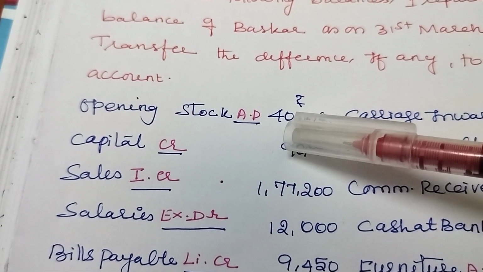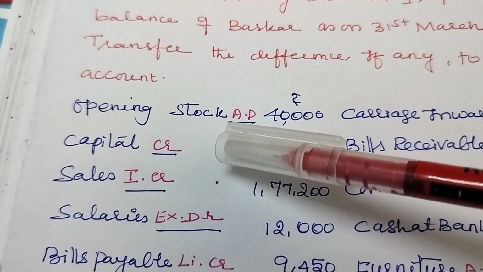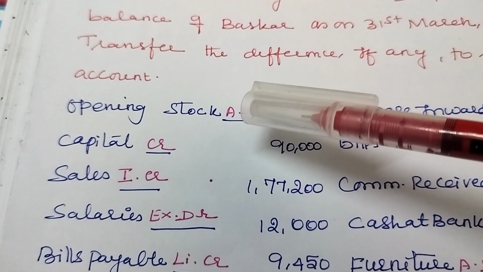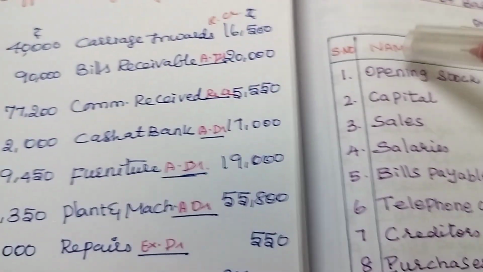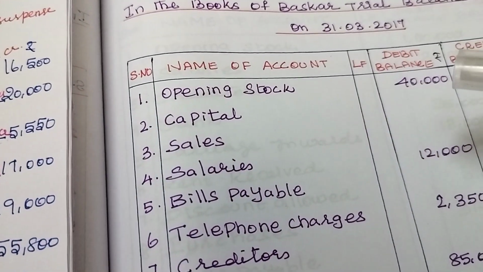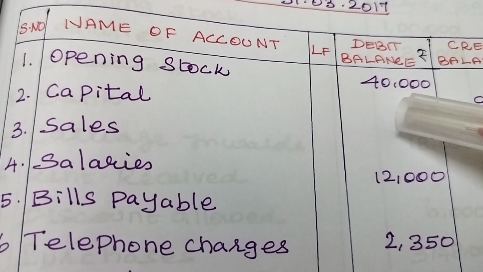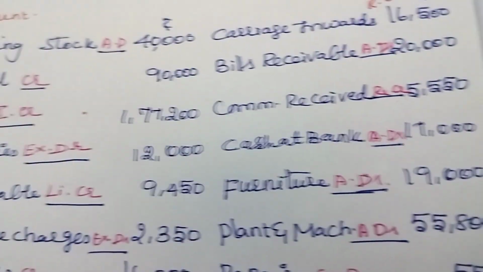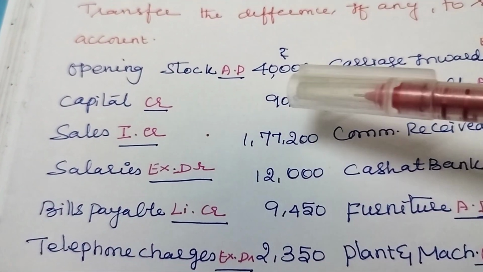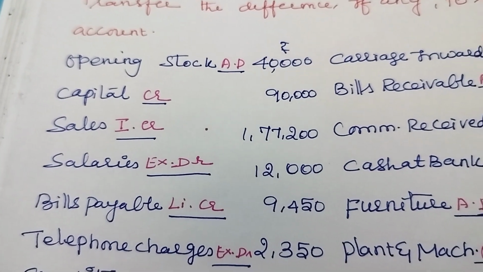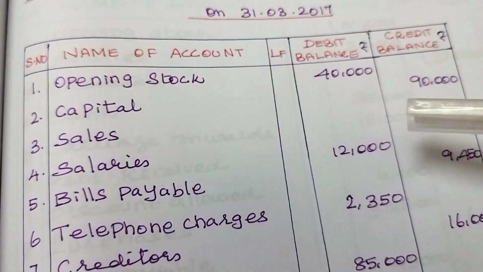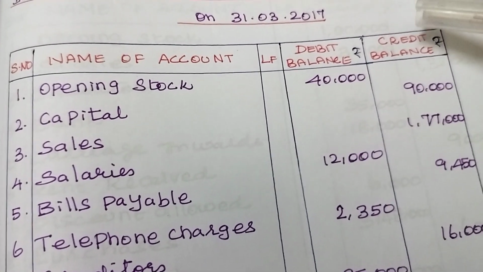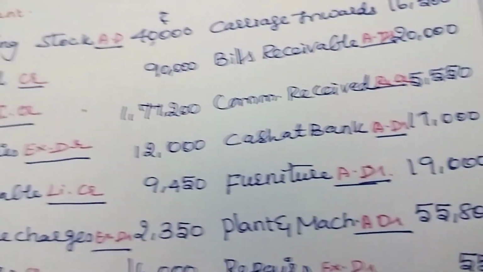Opening stock 40,000 rupees. Opening stock comes under asset account, so asset account will be debited. So opening stock 40,000 rupees is entered on debit balance. Then capital rupees 90,000. Capital is always credit balance. So capital 90,000 is entered on credit balance.